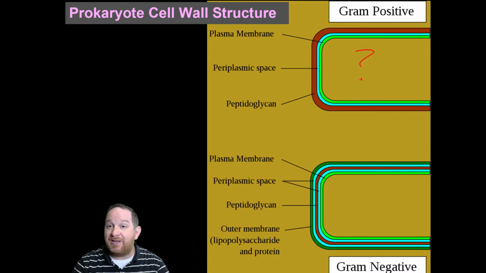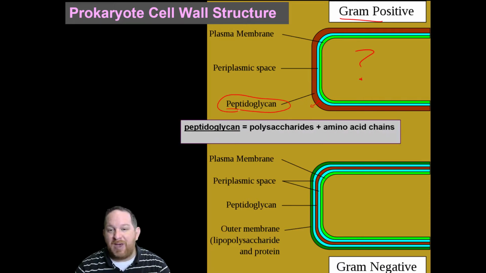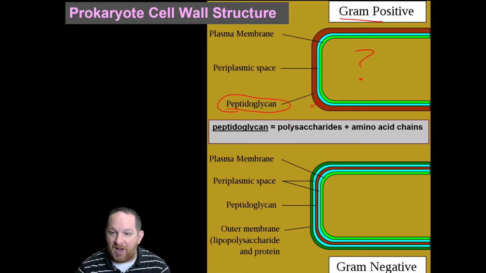One of the ways we classify bacteria is gram-positive or gram-negative. And this is named after the scientist that discovered this technique. So some bacteria, as you'll note here, have a thick layer of a substance called peptidoglycan. And peptidoglycan is basically just some polysaccharides, some sugars, and amino acid chains.